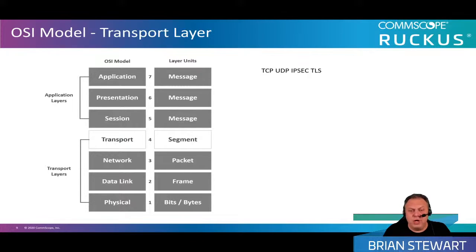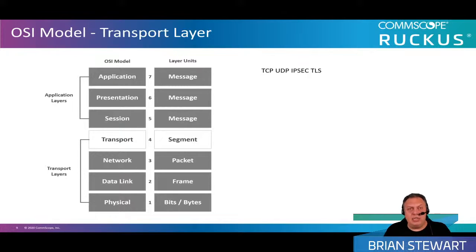The most common protocols you deal with here are TCP and UDP. So TCP is used for a good bulk of communication and conversation, but UDP is used a lot for things like video. You know, TCP ensures that you always have guaranteed delivery of the packets themselves.